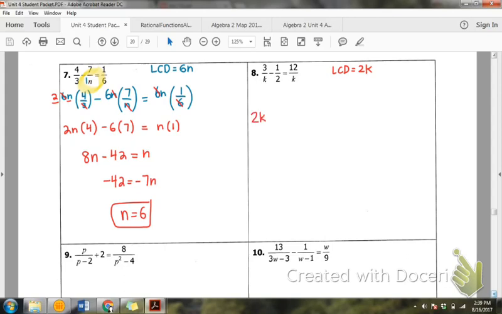We have our 2k times 3 over k. I know this seems like a lot of work, but this is so that you're going to keep it straight. Okay? So all I'm doing is multiplying each one of the terms by 2k. That's all I'm doing here.